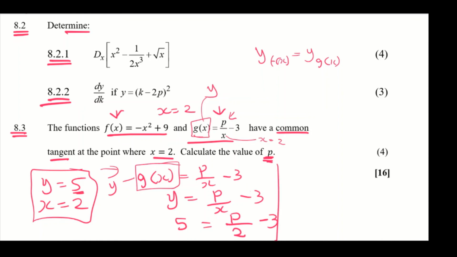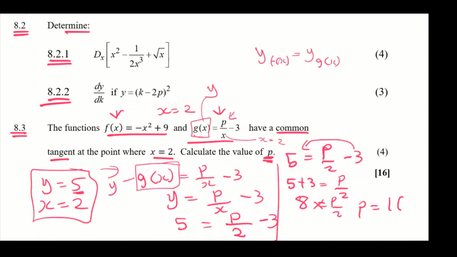So we have 5 equals p over 2 minus 3, and then you transpose the minus 3 to the other side. We have 5 plus 3 equals p over 2. We have 8 here is equal to p over 2. You cross multiply, p is equal to 16. So this is the solution of p.